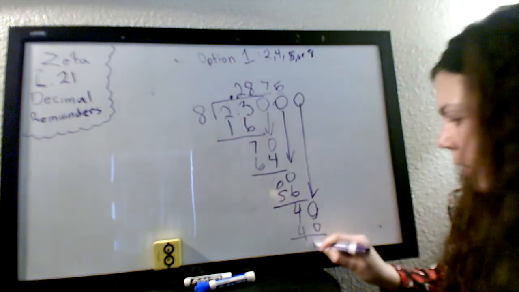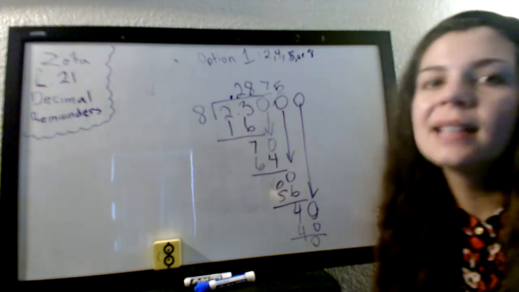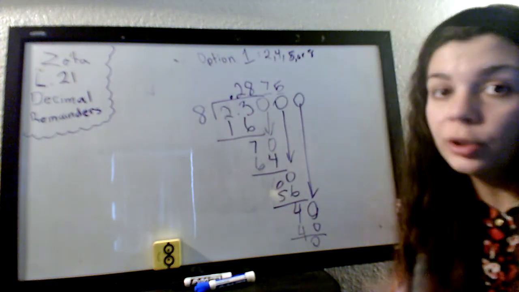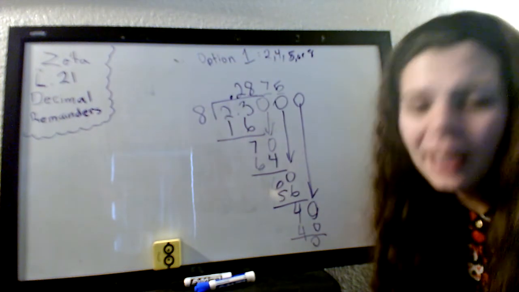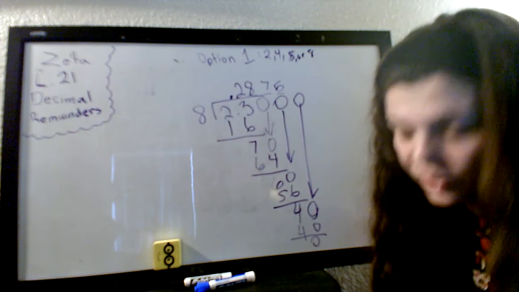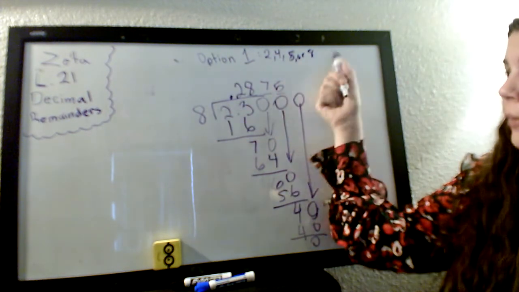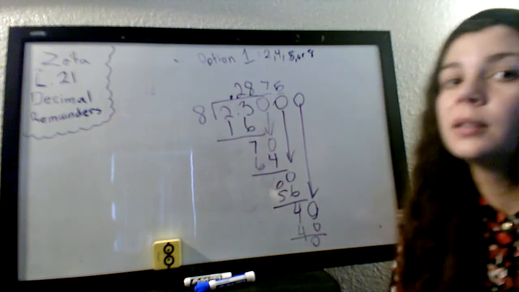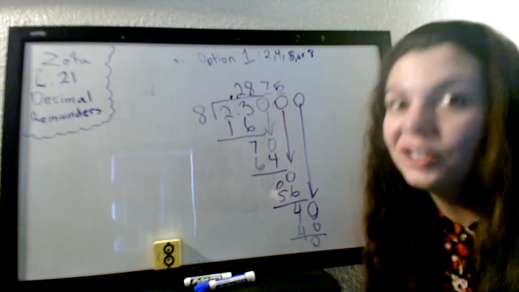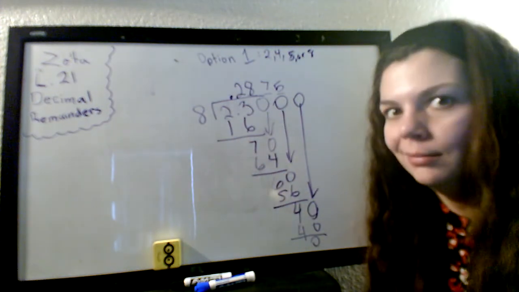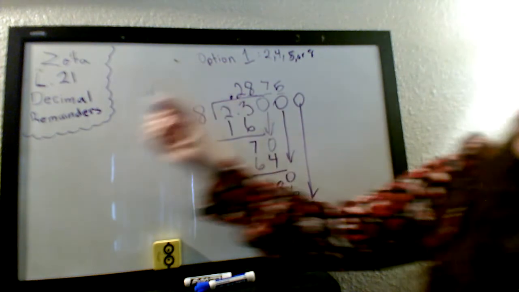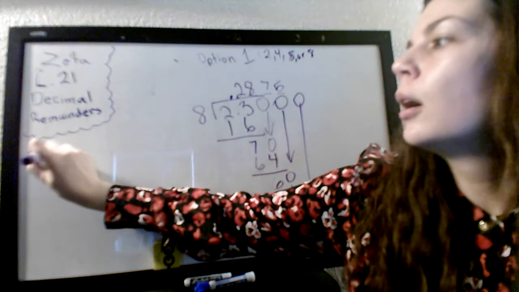Alright. Okay, so that is option 1. Usually, is this every time? No, but with certain single-digit divisors, 2, 4, 5, or 8, it will usually eventually always come out. Alright, so that's option 1. So let me put that over here.